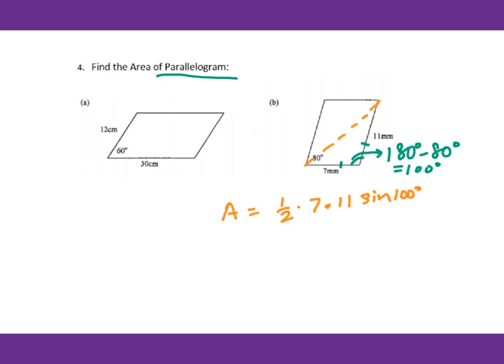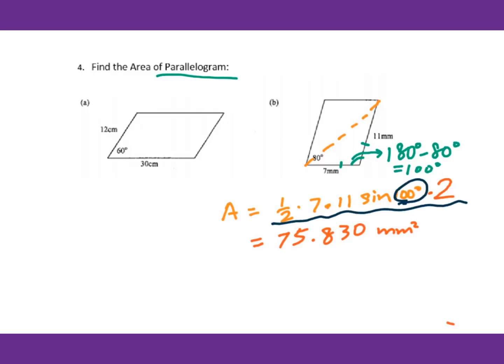For the whole area of the parallelogram, we just need to multiply by 2. Then we put it into the calculator, and you will get 75.830 millimeters square. When you put all this into the calculator, make sure you set the mode to degree.